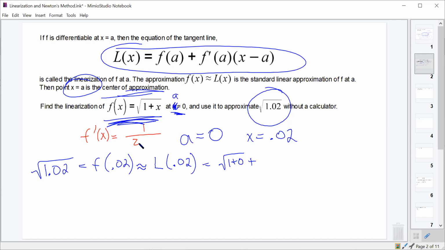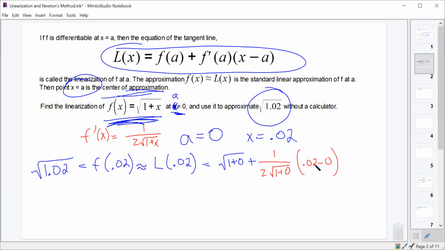It's 1 over 2 root 1 plus x, using the chain rule times the derivative of 1 plus x, which is just 1. So what's f prime of a? It's 1 over 2 root 1 plus 0, and then times x, 0.02, minus a, minus 0.